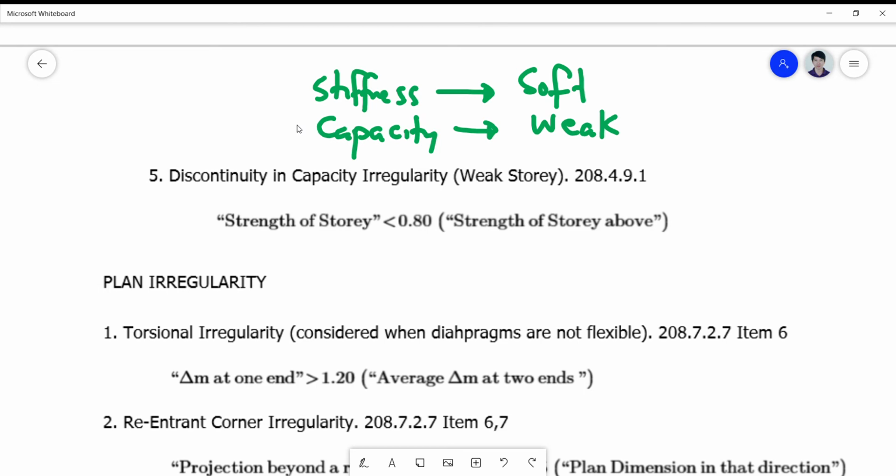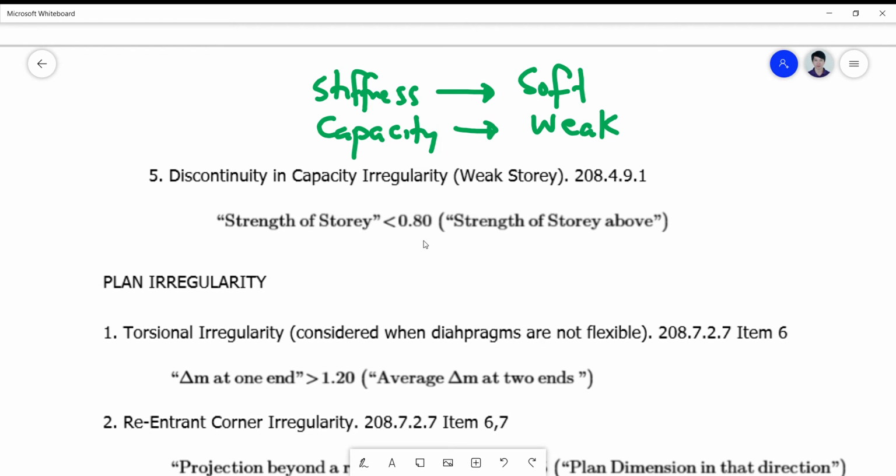Okay, and the computation is such that your strength of the story or capacity must not be less than 0.80 of the strength of the story above. Not adjacent, but above.